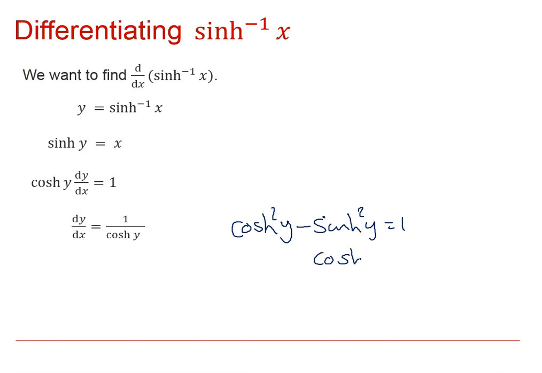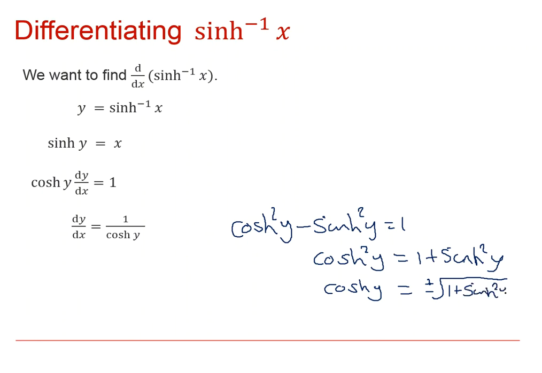So that means cosh squared y equals 1 plus sinh squared y. So cosh y is plus or minus the square root of 1 plus sinh squared y. So if we replace that in our function, you can see dy/dx is 1 over plus or minus the square root of 1 plus sinh squared y.